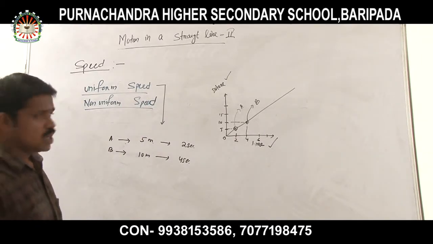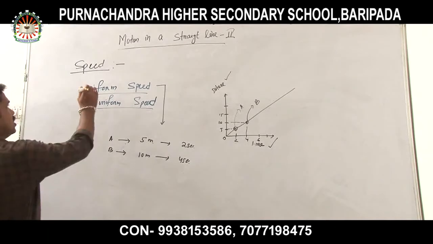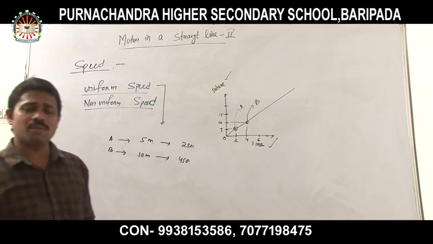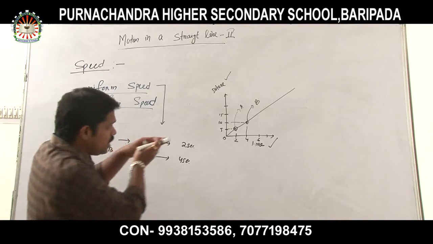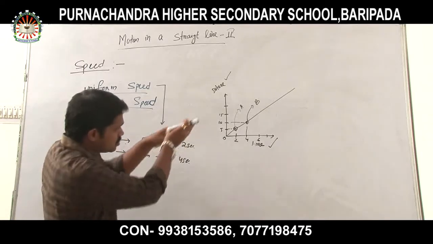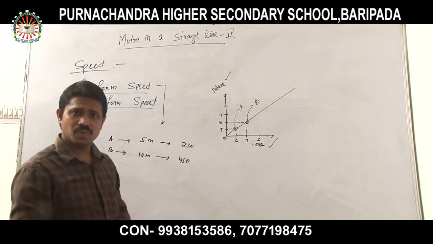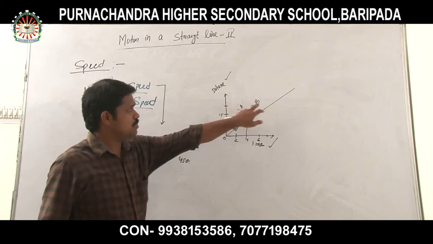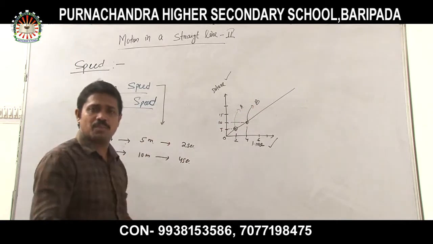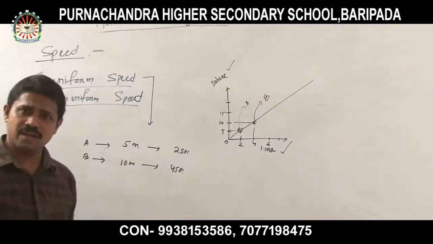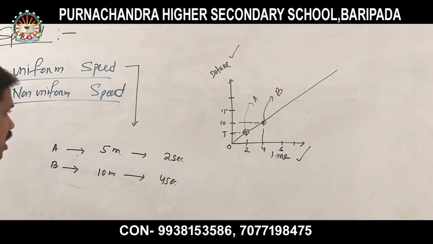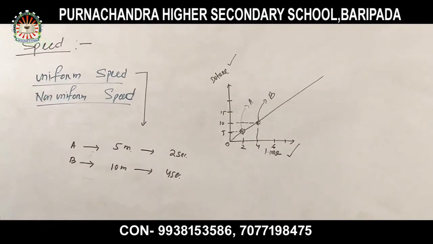Understood all of you? Because they are moving in equal proportions, that gives me uniform speed. Understood? Then come to non-uniform speed.